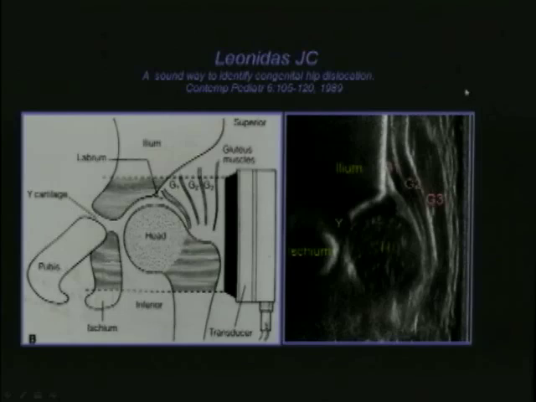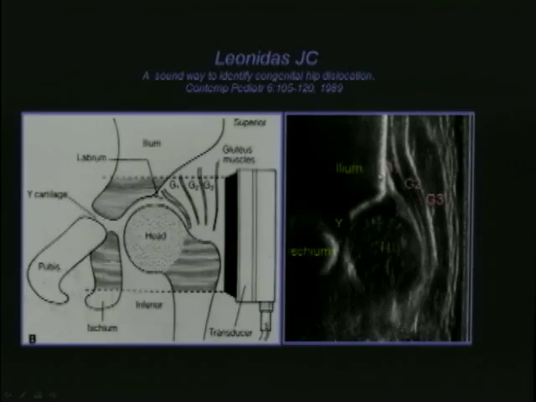Now, we look at the hip with the baby in a horizontal position, but for purposes of just discussing anatomy, I've turned the ultrasound of the hip into the same vertical alignment as this drawing. So we're looking at the hip from a coronal approach in a longitudinal approach, and we see here the head articulating with both the bony parts of the acetabulum as well as the triradiate cartilage.